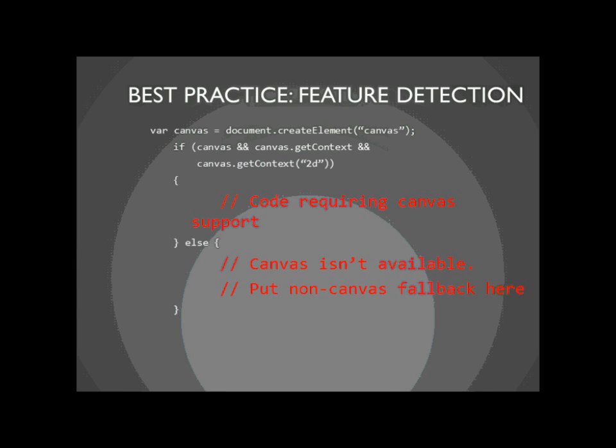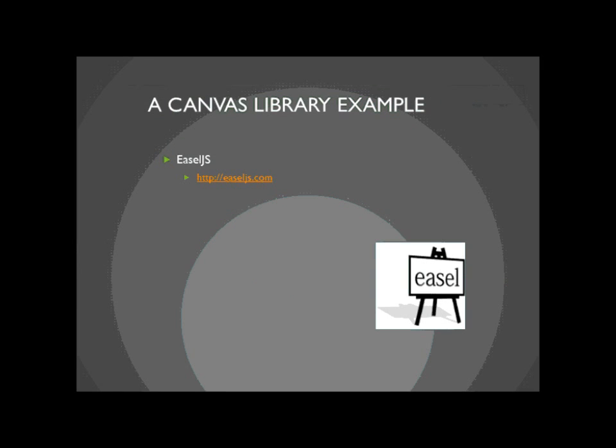So just want to note, as you're using Canvas and the great power that it is, all browsers at this point may or may not support it, so make sure you have your fallback there by denoting up front whether or not this browser will have the canvas available to it. All right, so Easel.js, let's go back to desktop here.